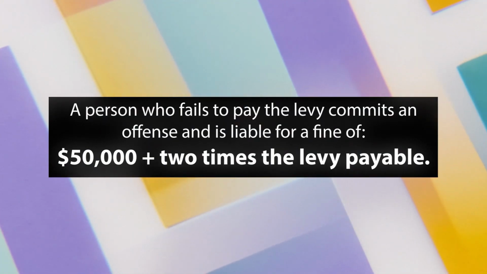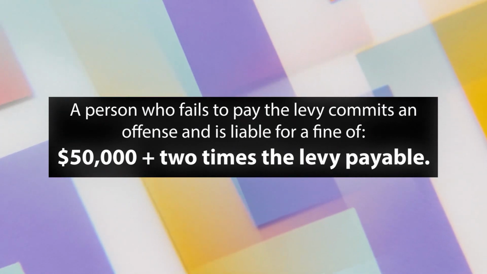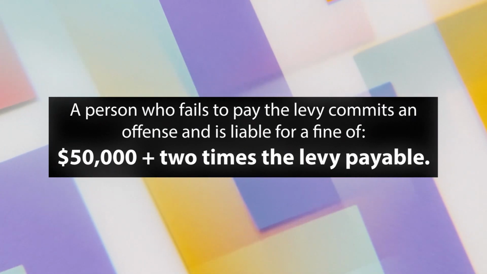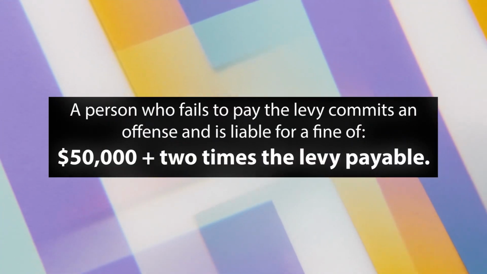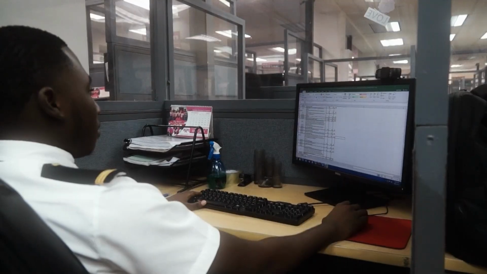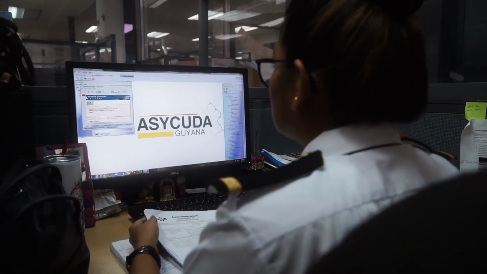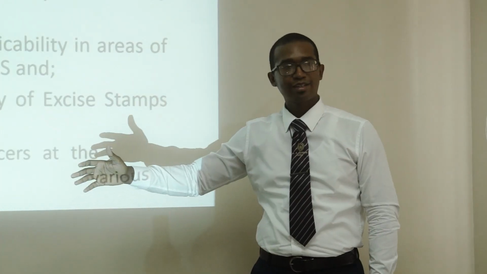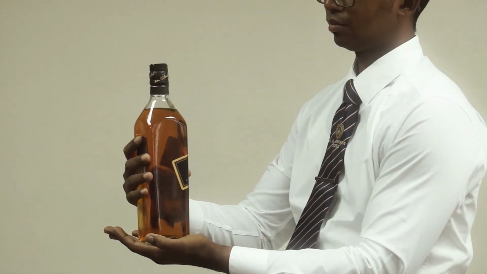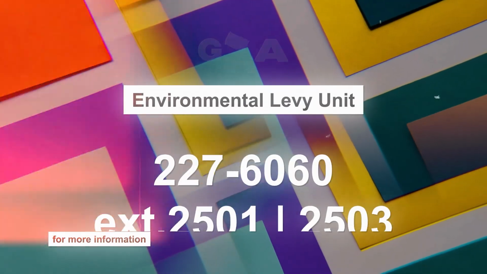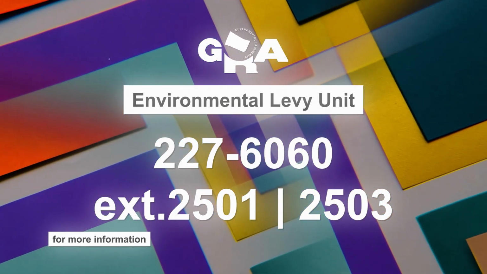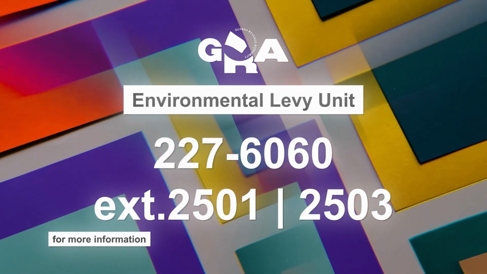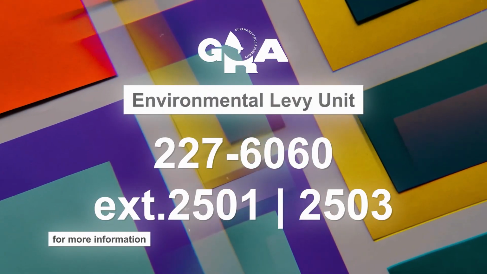A person who fails to pay the levy commits an offense and is liable to a fine of $50,000 together with a sum twice the amount of the levy payable. Officers from the GRA's Environmental Levy Unit will be conducting scheduled field visits to sensitize and enforce compliance with the laws. For more information, contact the GRA's Environmental Levy Unit on 227-6060, extension 2501 or 2503.